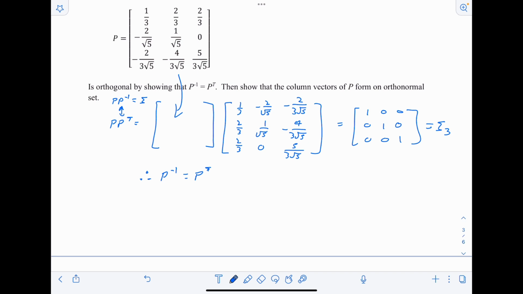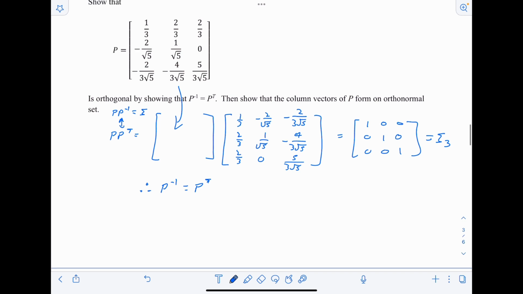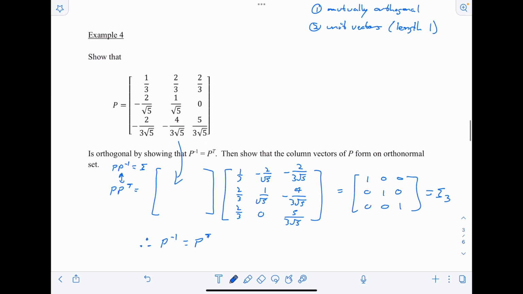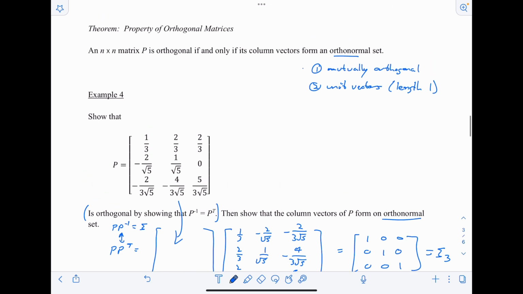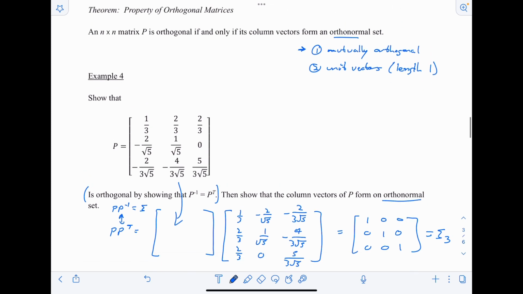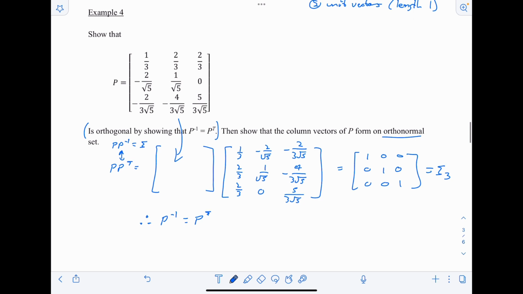I'm sorry, this doesn't show yet the orthonormal part. We showed that the matrix is orthogonal. So that's the first part. So we did this part. Now we need to show that we have an orthonormal set. So we have to do mutually orthogonal again, but not for the matrix. Now we're going to do mutually orthogonal for the vector columns.